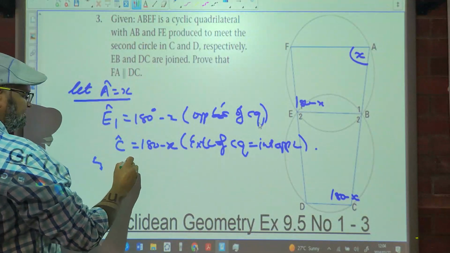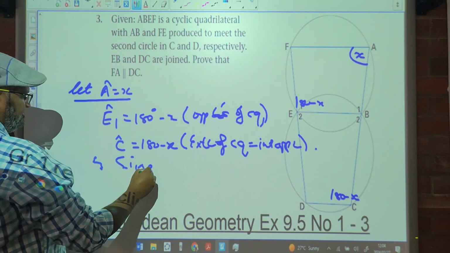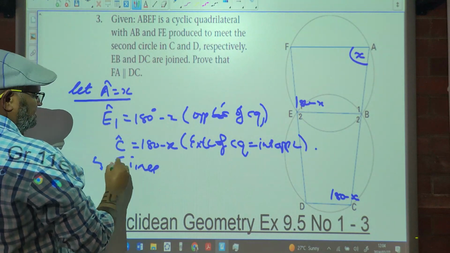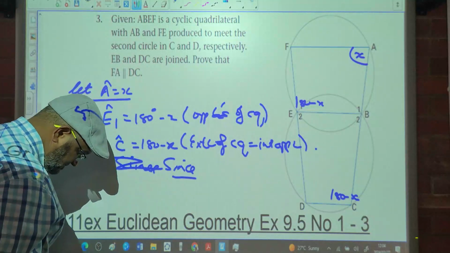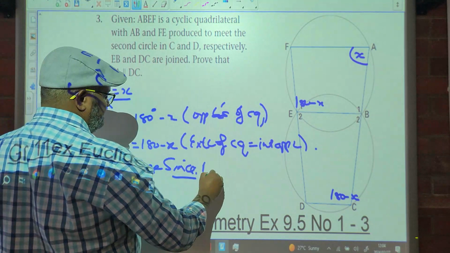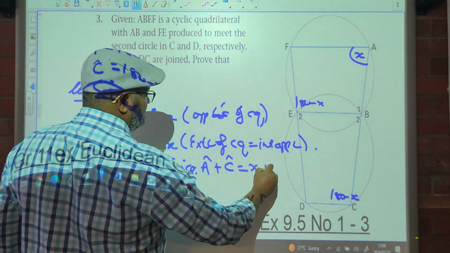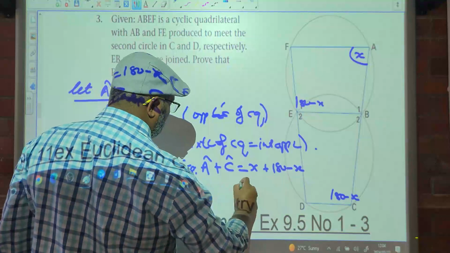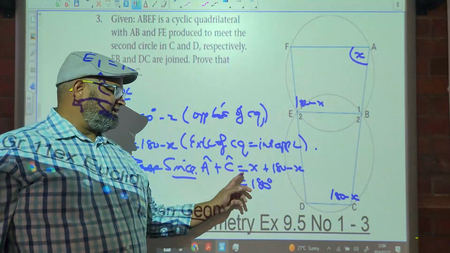Okay, so since angle A plus angle C equals X plus 180 minus X, which is equal to 180. Or I could have just said, since angle A plus angle C is 180.